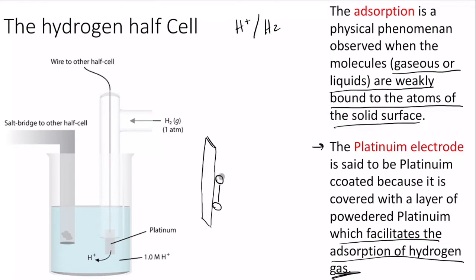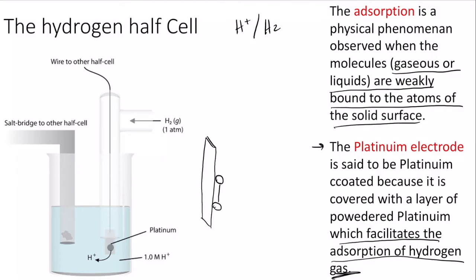Through adsorption, through this physical phenomenon, it will form weak bonds with the surface of the platinum solid, as you see here, which makes the platinum dipped inside the H+ ions, which makes the hydrogen gas dipped also inside the H+ ions, and that's why we use the platinum electrode and this method. We use these two methods.